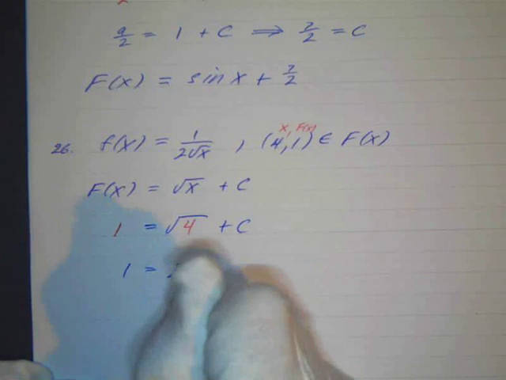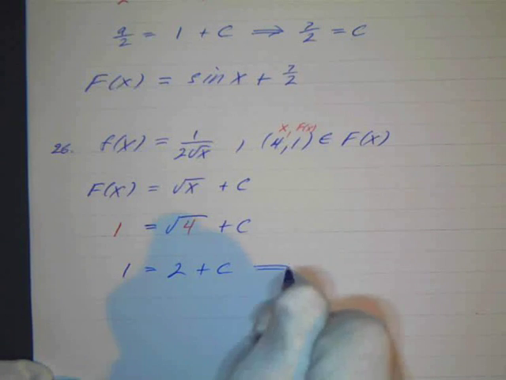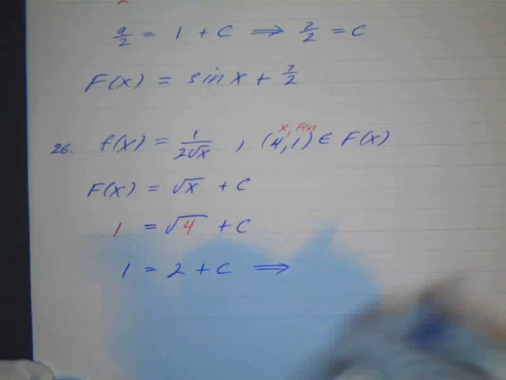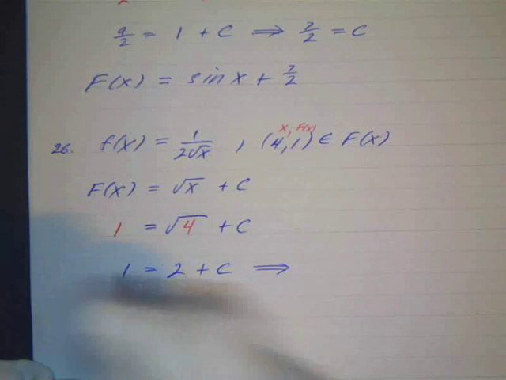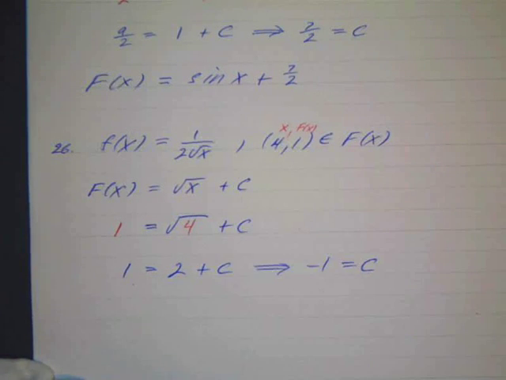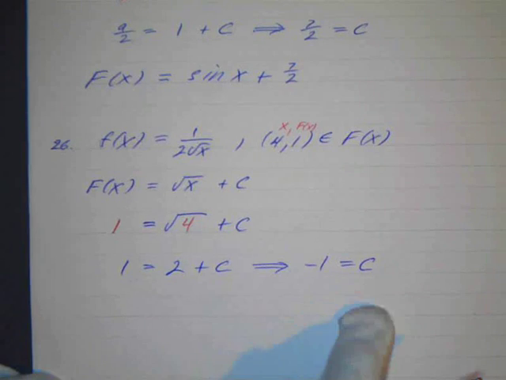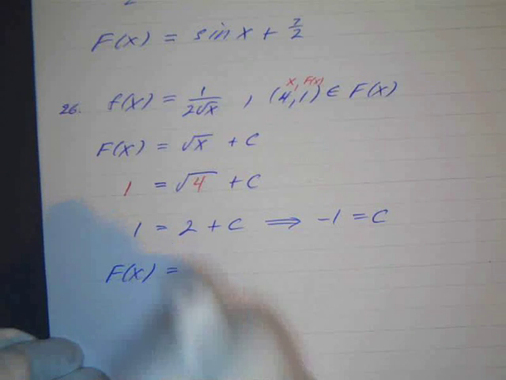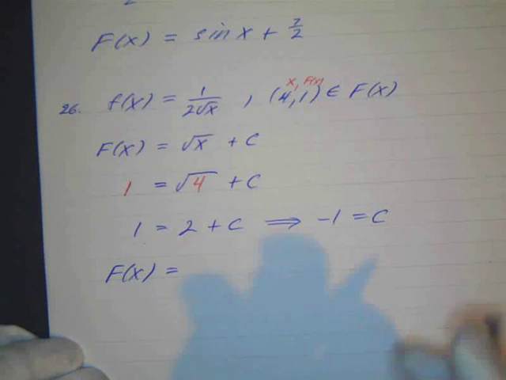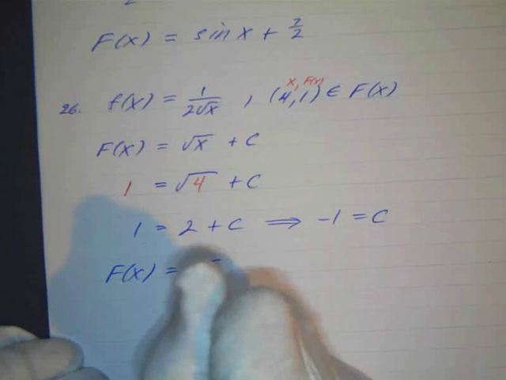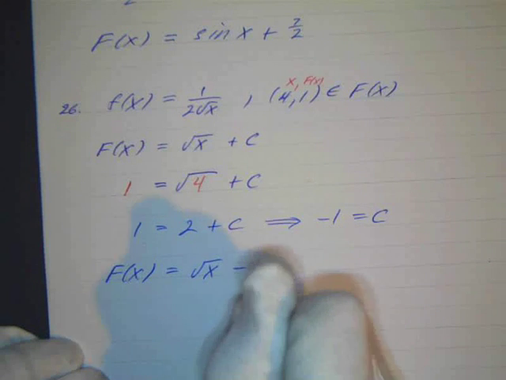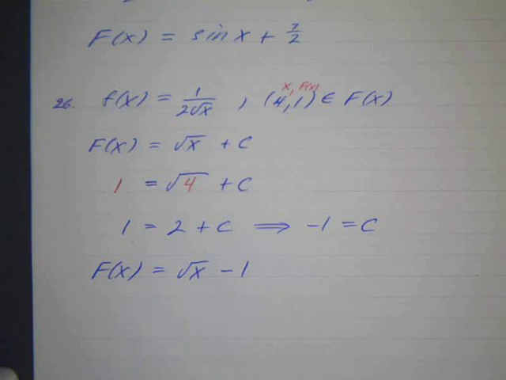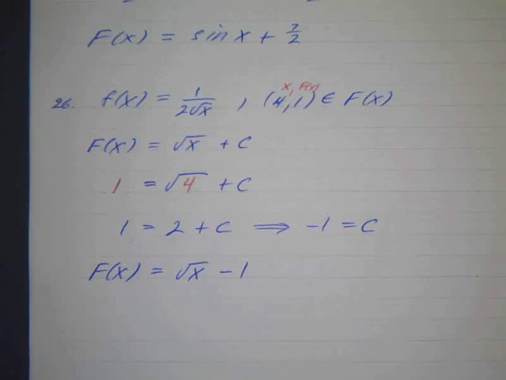The square root of 4 is 2 plus c. And if we subtract 2 from both sides, subtract 2 from 1, we get negative 1 equals c. So now we have our value of c, so we just put that in here. So capital F of x equals the square root of x, and c is minus 1, so minus 1. Okay? So not too difficult, just have to be careful.